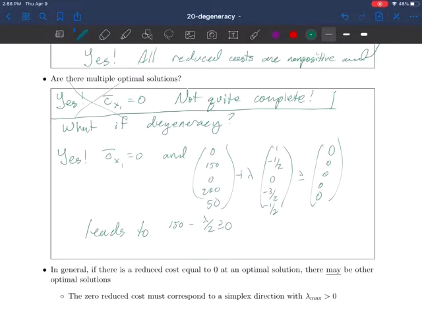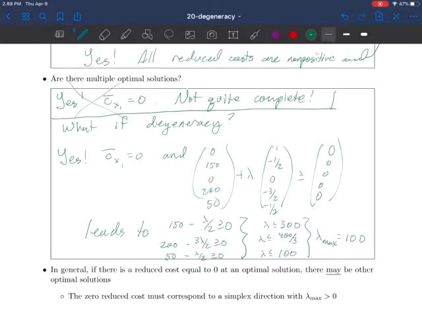This leads to 3 inequalities. 150 minus lambda over 2 has to be greater or equal to 0. 200 minus 3 lambda over 2 has to be greater or equal to 0. And 50 minus lambda over 2 has to be greater or equal to 0. Which means lambda has to be less than or equal to 300, less than or equal to 400 over 3, and less than or equal to 100.